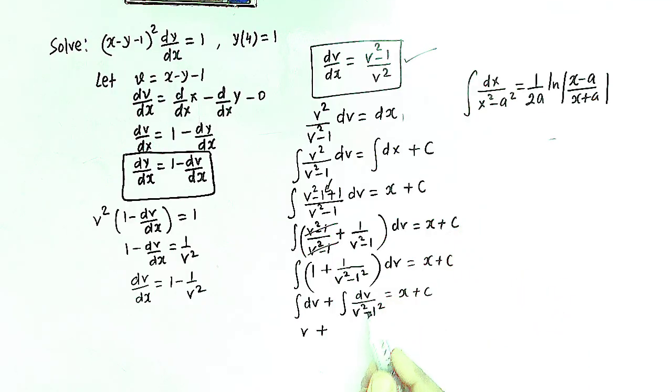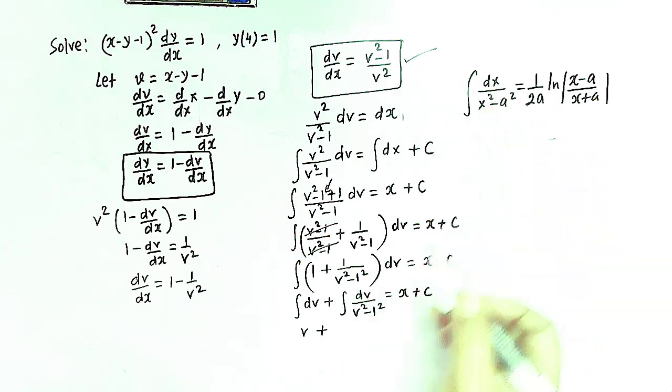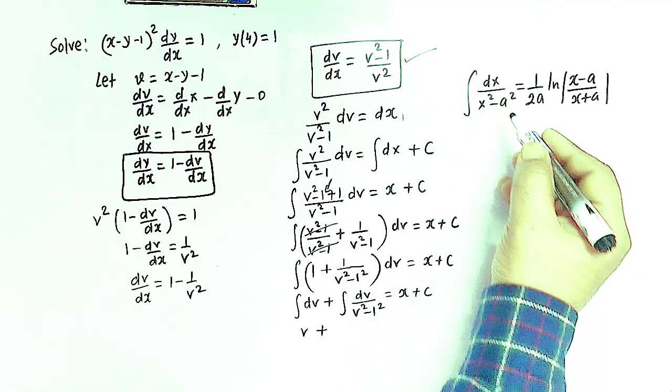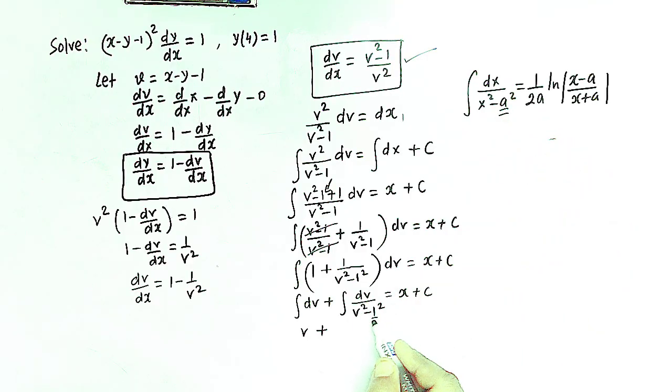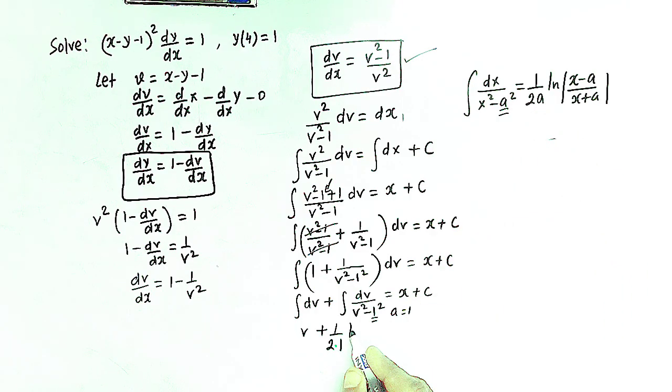So here this integral is of this form. Here the variable is x, here the variable is v, and for a we have 1. So here we have 1 over 2 times 1, because a is 1, and then we have log of v minus 1 over v plus 1, and here we have x plus c.